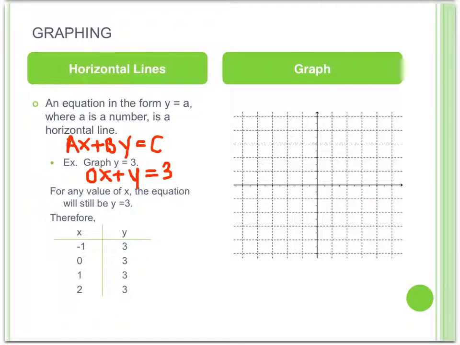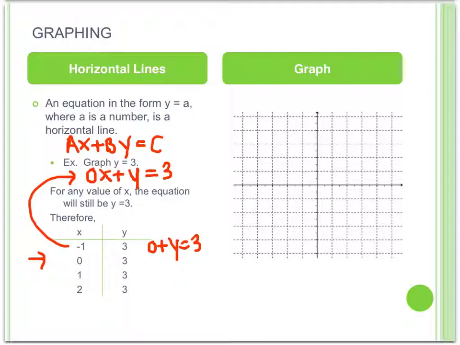Now for any value of x that we choose, the equation will still be y equals 3. So we have a table here at the bottom. If we plug in negative 1 for x into the equation, we're left with 0 plus y equals 3, or just y equals 3.